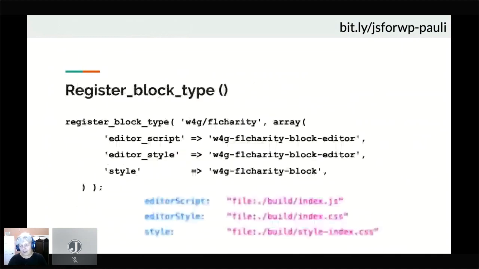So it's all there. And then the end of it is the register block type in PHP with the editor script, editor style, and style. And I've just put the bottom of the block.json file here for remembrance, since that's exactly also what you have in there. Again, I'm glad that this was all automatically created and I don't have to write all that.